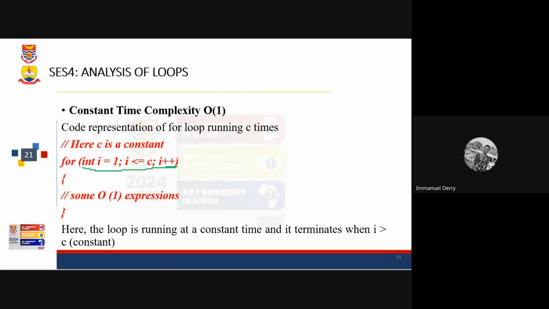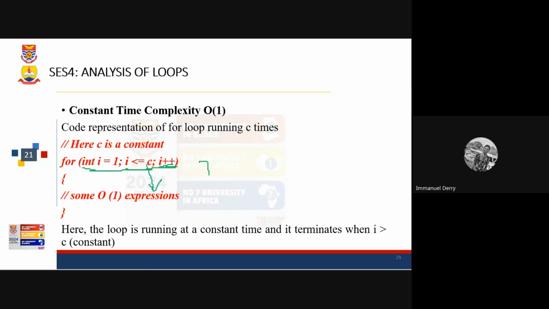This is the initializer, this is the condition, and this is the increment operation, right? With the condition, you have to notice the value which is equated to. Then you can determine if this is a constant time operation or some other ones that we might see later on. And this C here represents a constant.